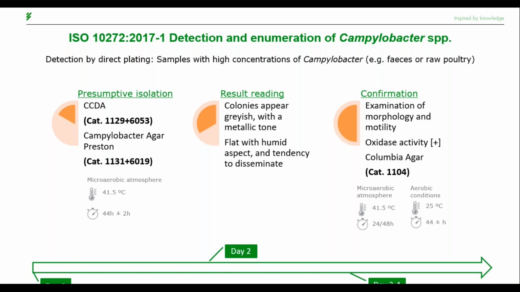The suspect Campylobacter colonies have to be subcultured onto Columbia agar in microaerobic and aerobic conditions, examined for morphology and motility, and lastly confirmed by detection of oxidase activity. Specific biochemical tests and molecular methods are optional. With the review of the ISO 10272 method, our presentation ends.